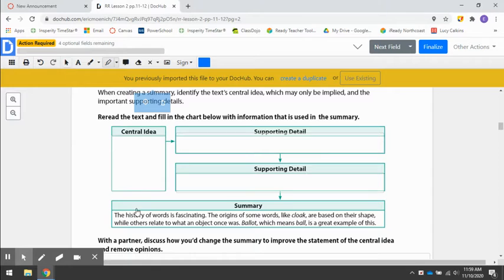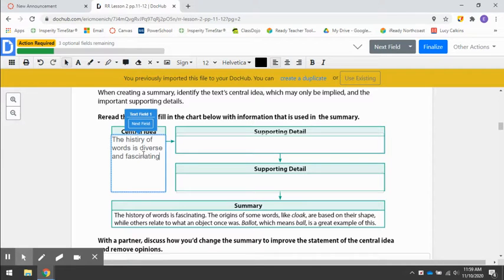So the first sentence, the history of words is fascinating. Well, that kind of sounds like it summarizes the rest of it, right? Or maybe that words have diverse origins, like where they come from, right? So I might say for my central idea, the history of words is diverse and fascinating, to use their word, right?